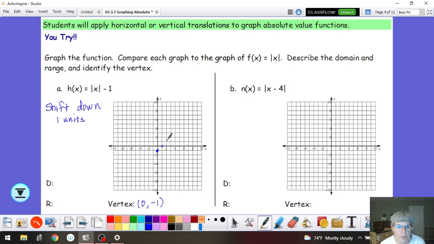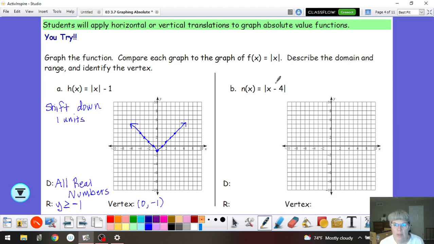We don't have any stretch or shrink, so we're going to have this up 1, right 1, or up 1, left 1 on either side to create that V shape. So the domain is all real numbers. And the range actually goes down to negative 1, so it's going to be y greater than or equal to negative 1.